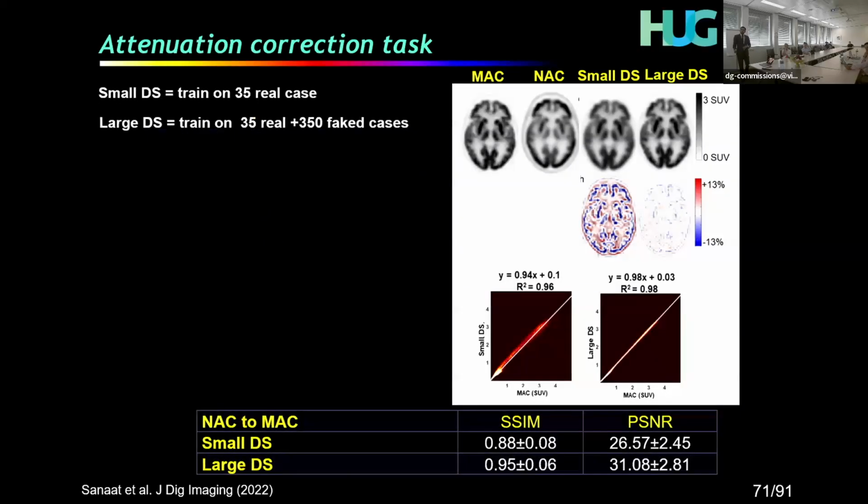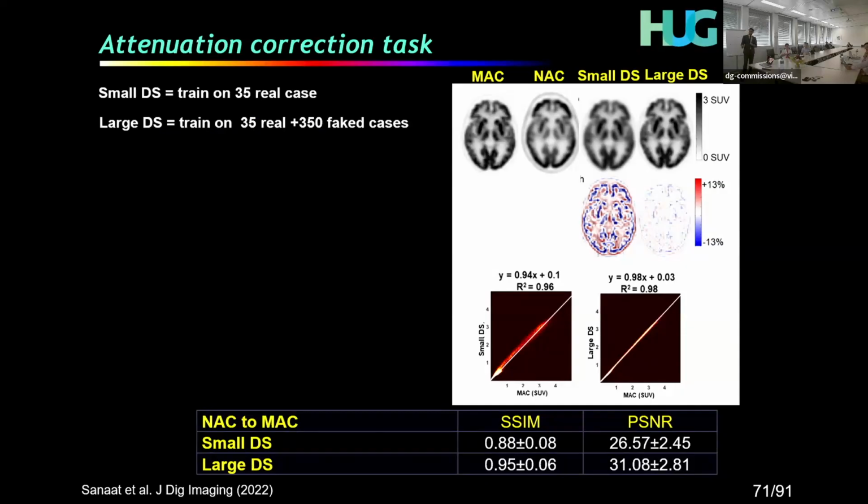So here is our result for attenuation correction. We imagined 2 different datasets, the small dataset and the large dataset. The small dataset only includes 35 real cases, and the large dataset includes 35 real cases plus 350 fake cases.